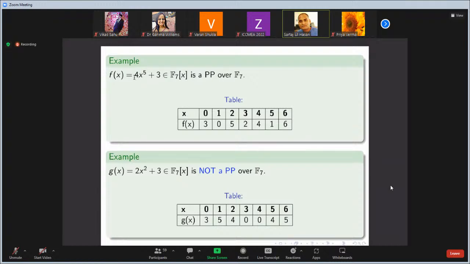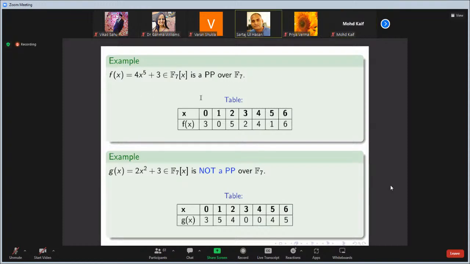The image of 1 is 4 plus 3, and 4 plus 3 in the finite field F7 is nothing but 0. Similarly, the image of 2 is 5, the image of 3 is 2. Likewise, the images of 4, 5, 6 are 4, 1, 6. So you see that it's a permutation from F7 to F7. It's a permutation polynomial because it permutes the elements of the finite field F7. This is one example of a permutation polynomial.